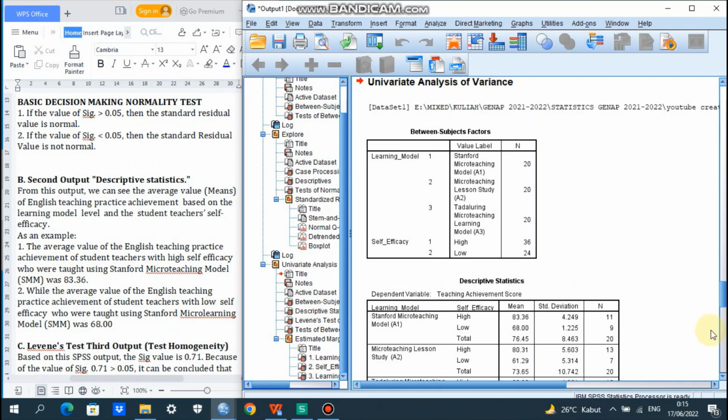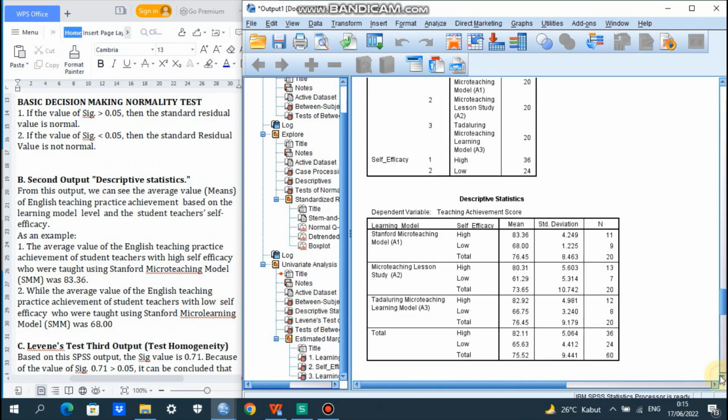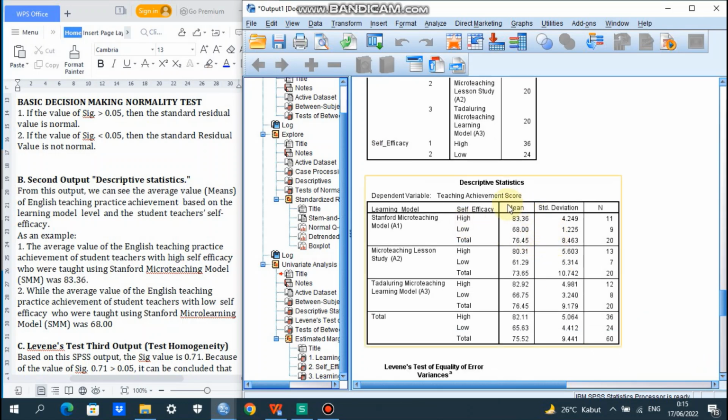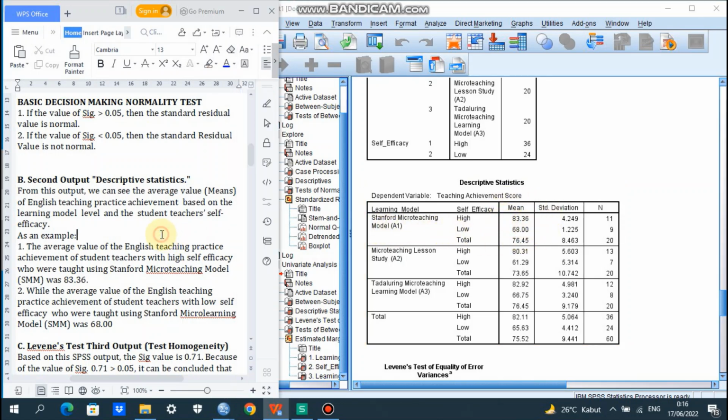And then next we go to the descriptive statistics. It gives us information about the mean, the mean of the students with high self-efficacy in Stanford micro teaching model A1 here, 83.36.